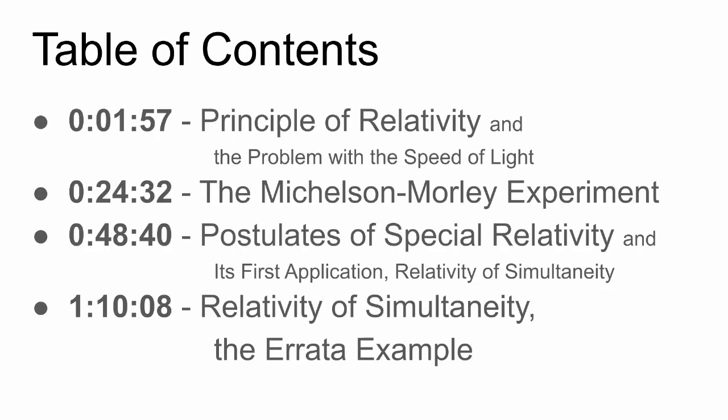First, we cover the postulates of special relativity, starting with the first postulate, also known as the principle of relativity. Examining this principle together with the known laws of physics reveals an apparent contradiction, which I call the problem with the speed of light.